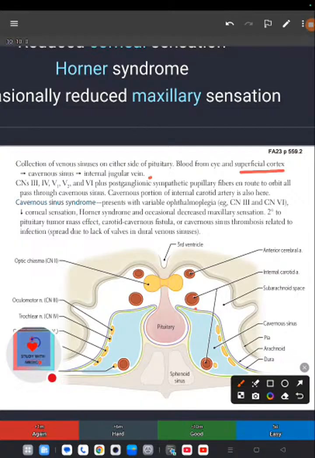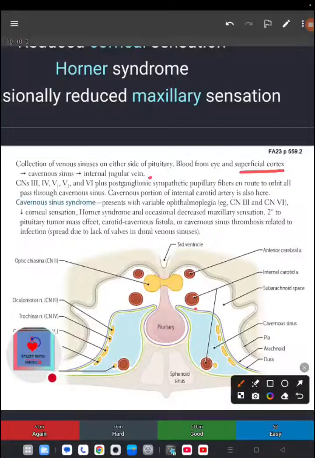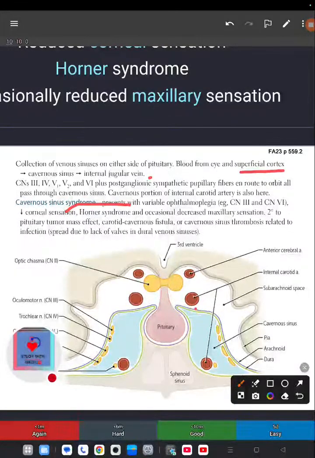The cavernous portion of the internal carotid artery is also here.